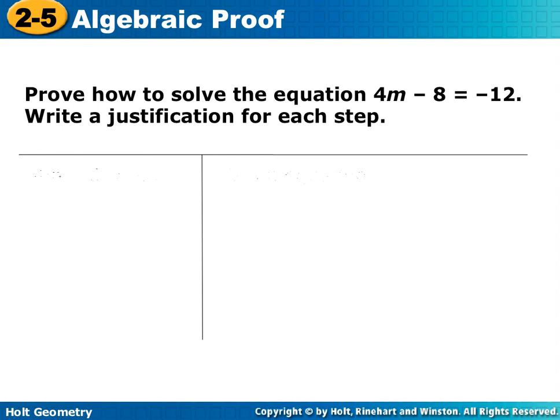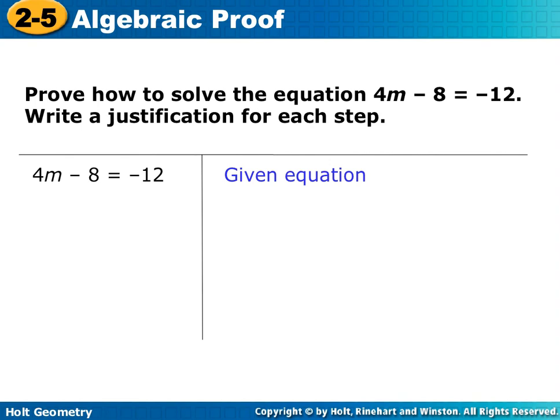Here's how you do the proof. We're going to start out with the given equation, and you do have to write it down. You have to get that problem out of the book and write down what that would be. Okay, so write down that original problem.